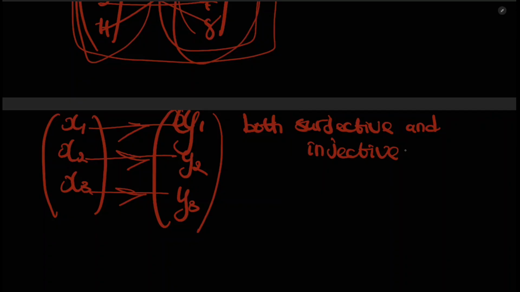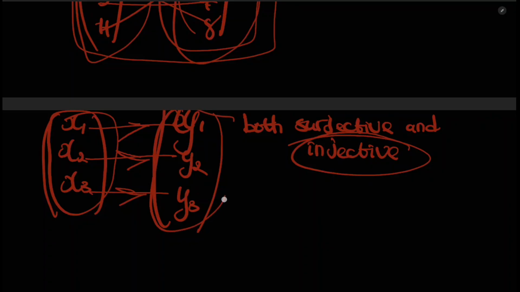Firstly, injective. I said for injective, each member in the domain should have a unique element in the codomain. So each is mapped differently. X1 is mapped to only Y1, X2 is mapped to only Y2, X3 is mapped to only Y3. So X1 has a unique output, X2 has a unique output, and X3 has a unique output.